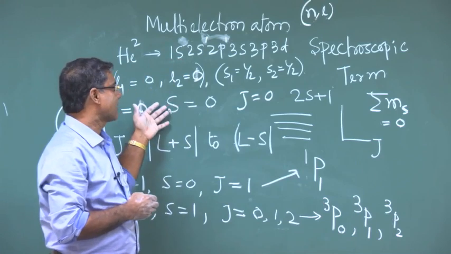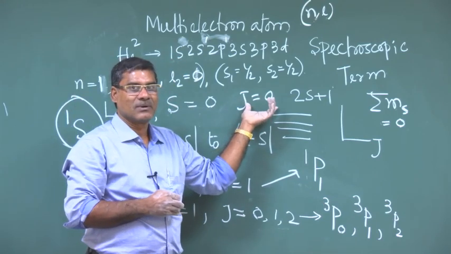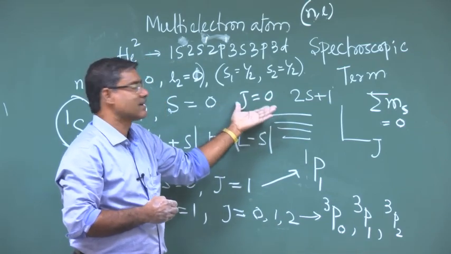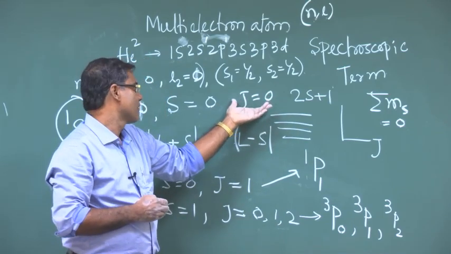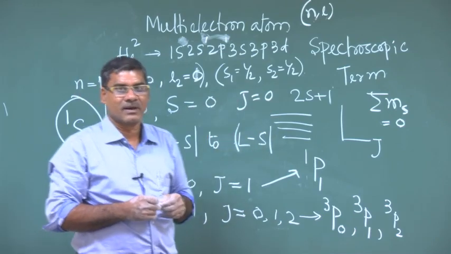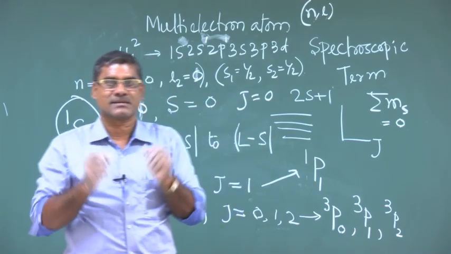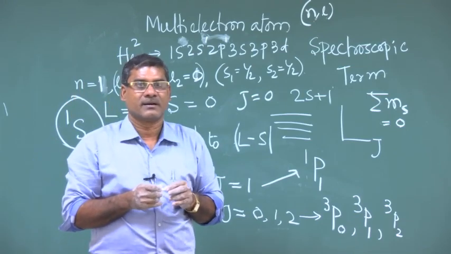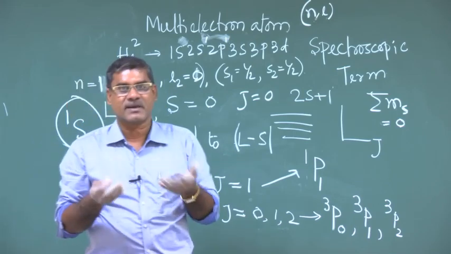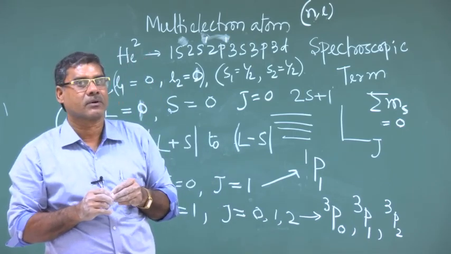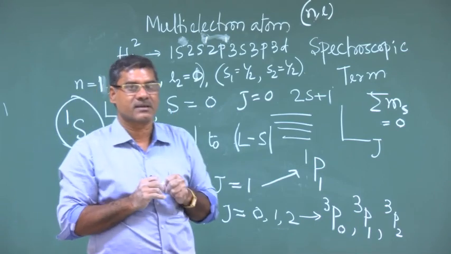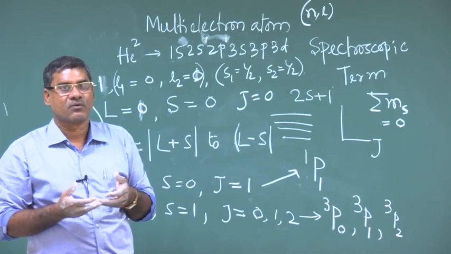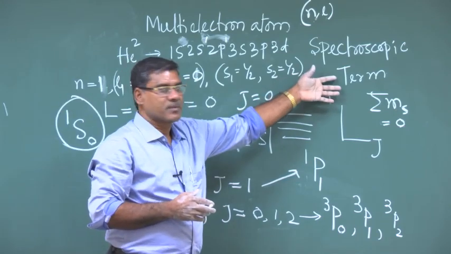But for equivalent electrons, when finding the resultant J, one has to think about the resultant L and S to satisfy the Pauli exclusion principle. So, these are the two important aspects, equivalent and non-equivalent electrons, for finding the spectroscopic term or the states of a multi-electron atom.